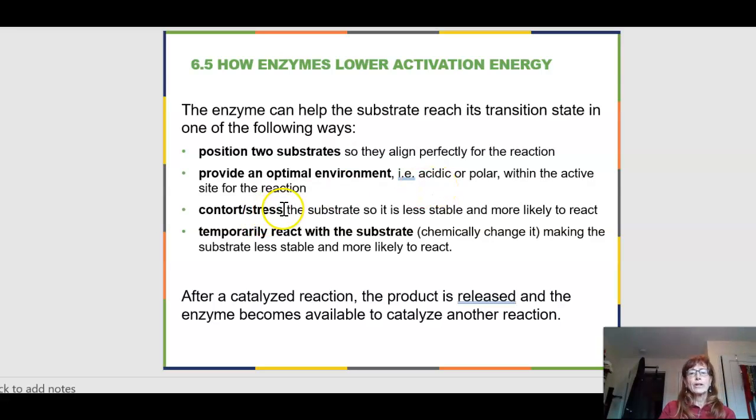Remember I had said it can stress the substrate, put a little strain on it so it's less stable. It can cause an intermediate kind of reaction to take place. In other words, chemically change it a little bit, making that substrate less stable again. Then once that all happens, the product gets released and the enzyme goes and does its job somewhere else.